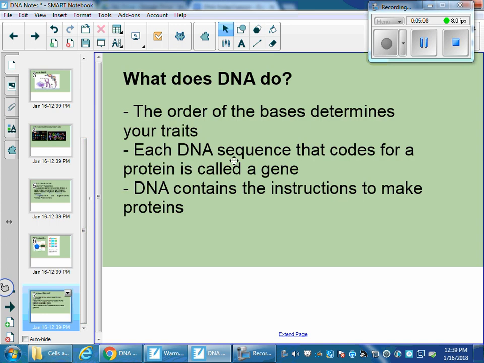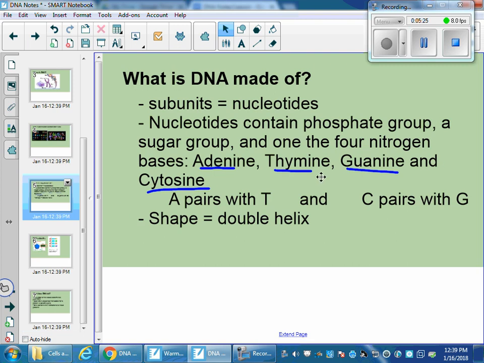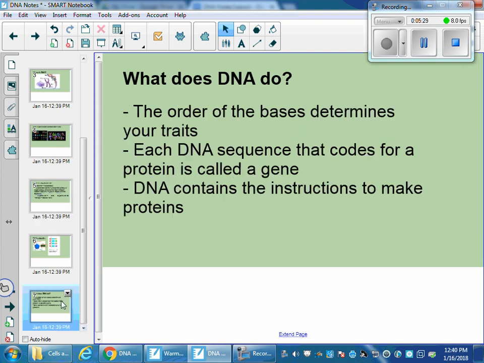So what does DNA do? DNA was kind of a mystery to scientists for how in the world they could possibly carry off all this information in these 4 different bases. So basically the order of those different bases, so we talked about there's 4 different bases, adenine, thymine, guanine, cytosine. The order that they go in your DNA actually determines your traits. Because what happens is that order that it goes into, okay, codes for a protein. And that sequence is called a gene.